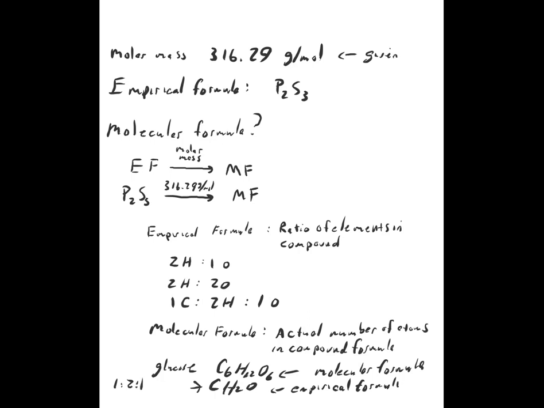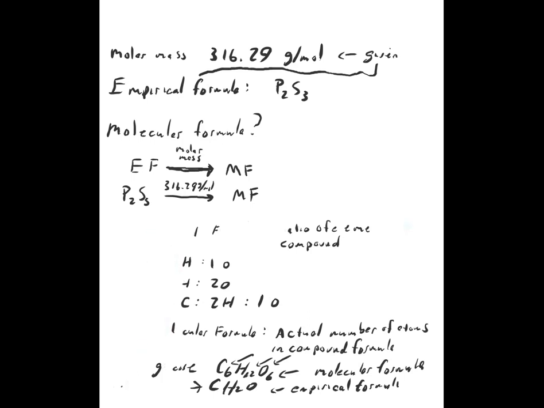Whereas the molecular formula, it's the same ratio. 6 to 12 to 6 is the same as 1 to 2 to 1, but it's the actual number of atoms in the molecule. Okay, so what we want to do then is we want to use this molar mass to do that last step, to make the jump, the leap from the empirical formula over to the molecular formula. And it's actually a very simple calculation. You just have to know how to use the numbers. So let me show you how to do it with this phosphorus and sulfur problem.